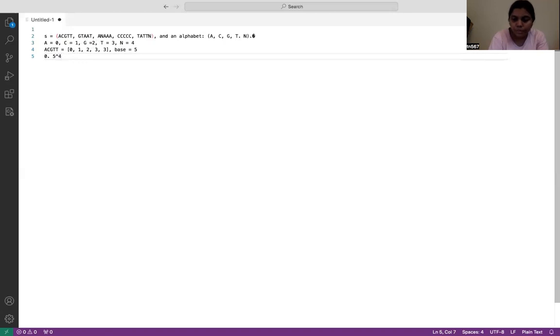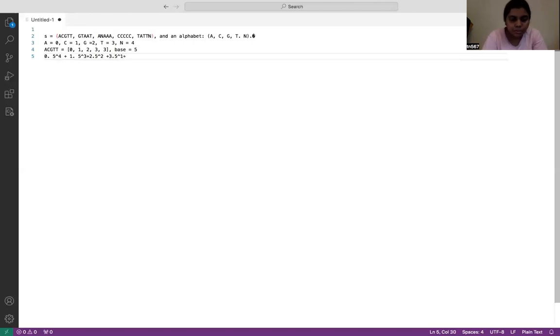So 0 into 5 to the power of 4, plus, for the next alphabet, index 1 into 5 to the power of 3, plus, for the next alphabet, 2 into 5 to the power of 2, plus 3 into 5 to the power of 1.